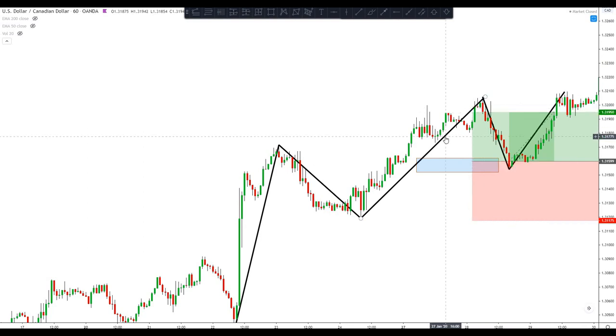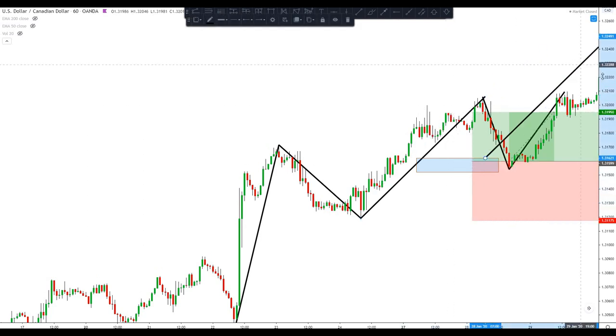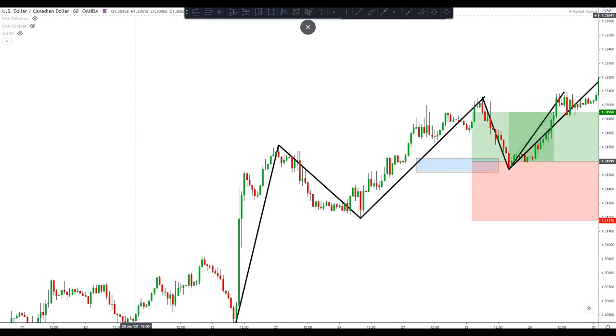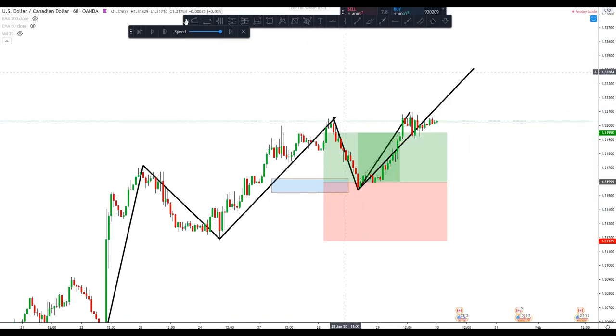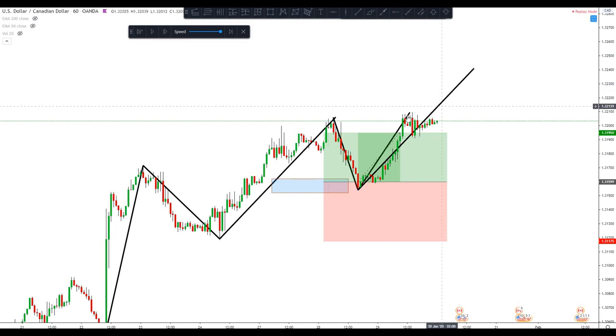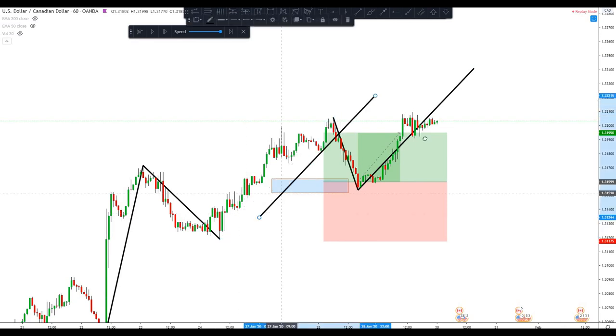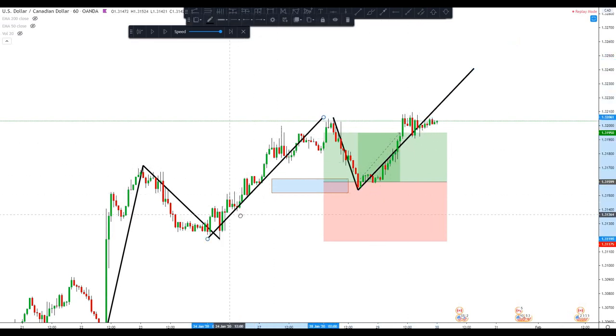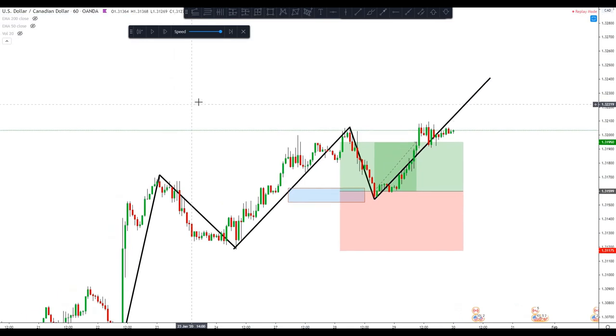Our target is going to be an equal move to the upside. Now let's use the bar replay here. Give me 1 second. Okay, so we now have the bar replay. We are going to target an equal move to the upside from this leg, right? So we just took this, copied and pasted, put it right there. Now let's see what happens here.